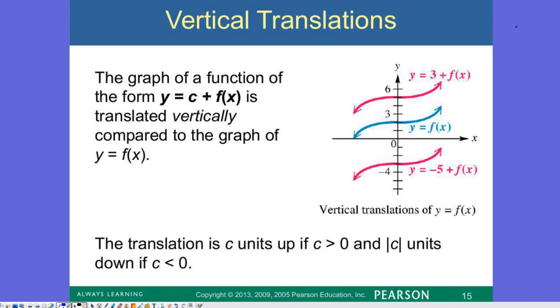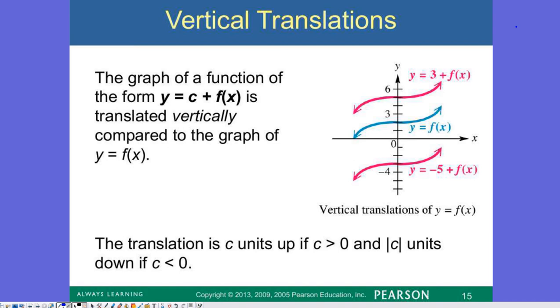So let's go ahead and take a look at this. If you notice, it's going to be whatever my C value is from my equation. It's either going to move the whole thing up or the whole thing down. If it's positive, it goes up. If it's negative, it goes down. And so we have the amplitude, which is on top of that. Our amplitude tells me how high up the wave goes and how low it goes, right?